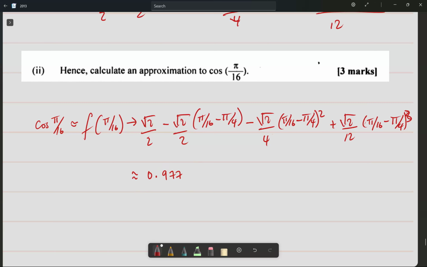The next part of question 4 says obtain the binomial expansion of this up to and including the term x squared.